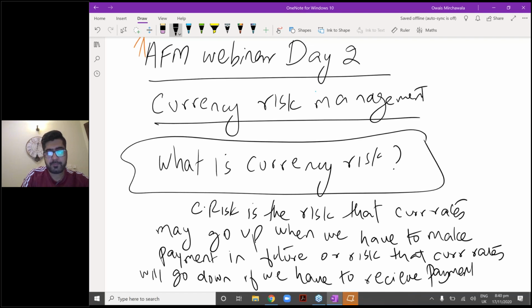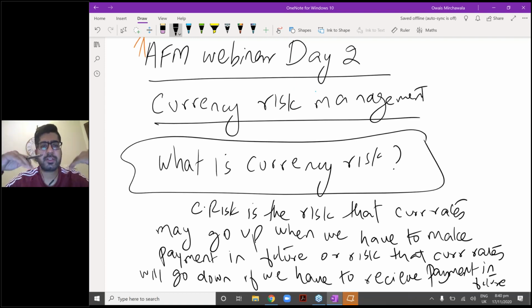Now, even if someone has less knowledge about currency markets, one thing everyone knows is that currency rates never remain stable. There's always a change in currency rates. You cannot say that currency rates are going to remain constant forever.